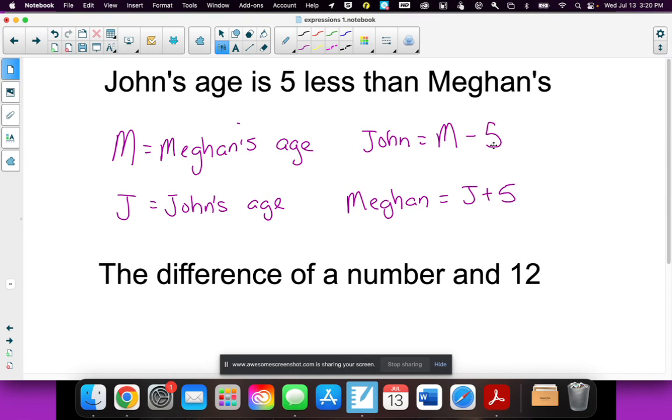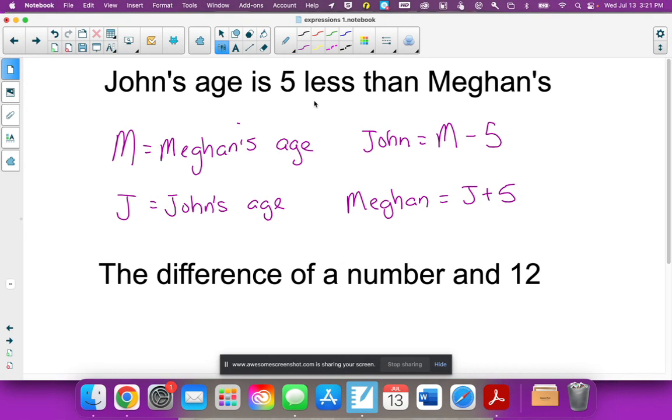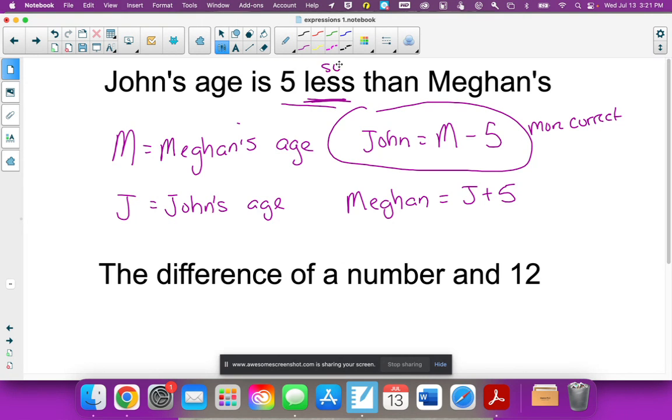That's two totally different operations, one's subtraction, one's addition. If we go by the original statement in the words, this one is actually more correct. The other one is not wrong, but this one is more correct because it does say 5 less, and that means we should be subtracting. Okay, but again, it really depends on what you make your variable stand for.